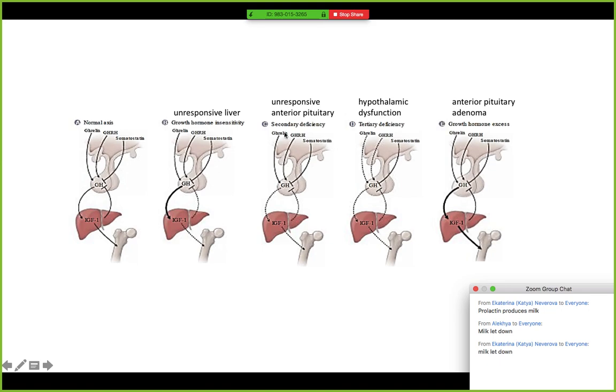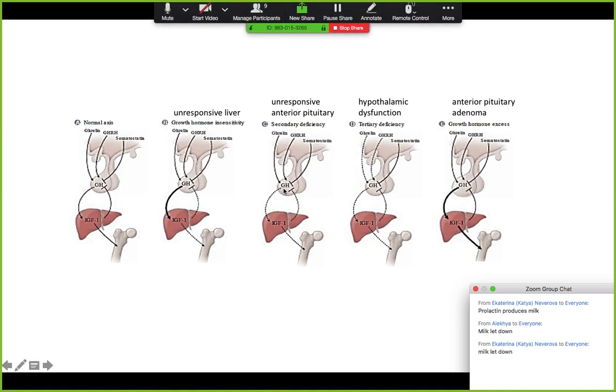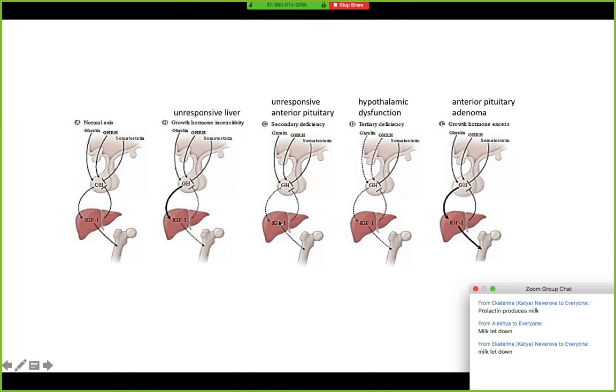And then, in a secondary growth hormone deficiency, your anterior pituitary is secreting low growth hormone. And so, because there's not a lot of growth hormone reaching the liver, you're not getting the production of IGF 1. So, you have a decrease in both growth hormone and IGF 1.